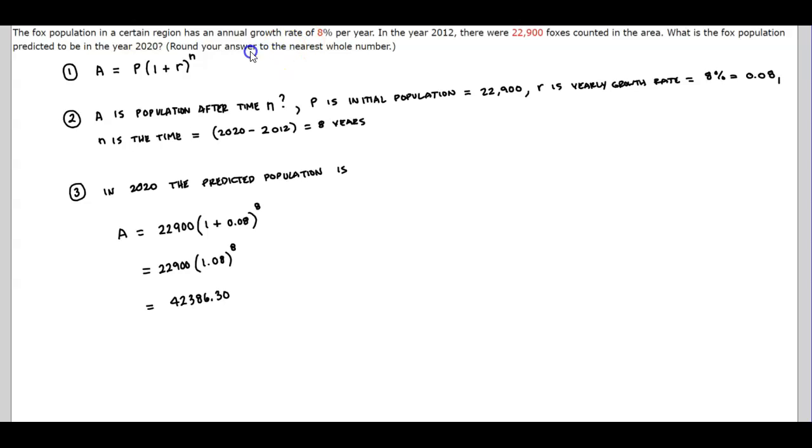They want us to round the answer to the nearest whole number. So that's going to be approximately 42,386. And that's foxes.